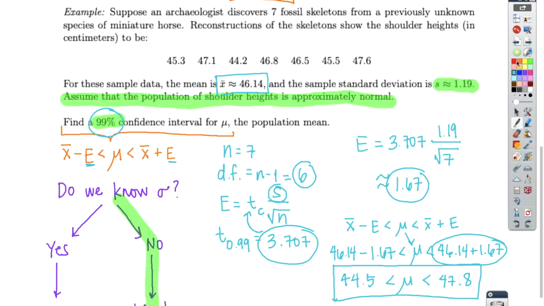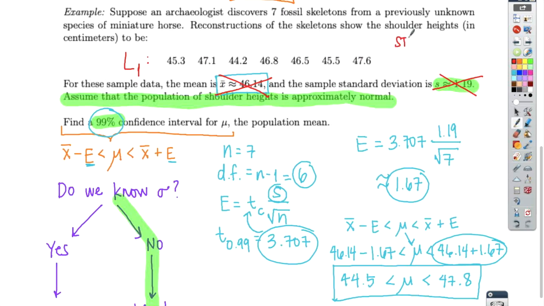Okay, before we go to the next page, there's one other quick thing that I want to point out on this problem because I think this will happen a couple times in your homework. I just want to point out that this piece of information and this piece of information were absolutely unnecessary. If you are not given the sample mean and if you are not given the sample standard deviation, you would put these values into your calculator under list 1.